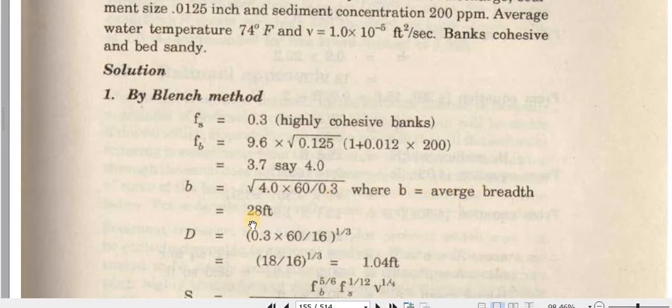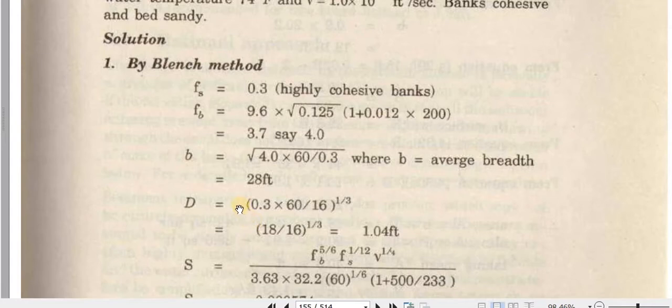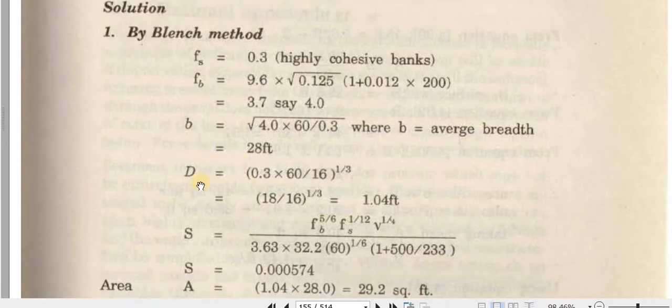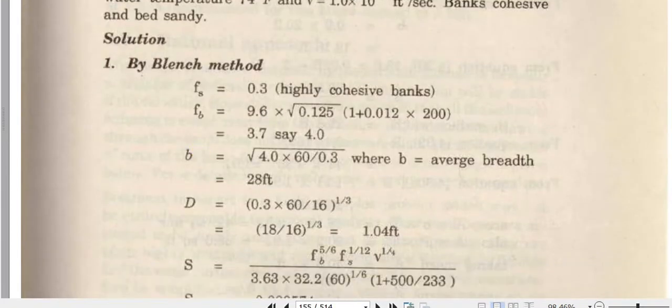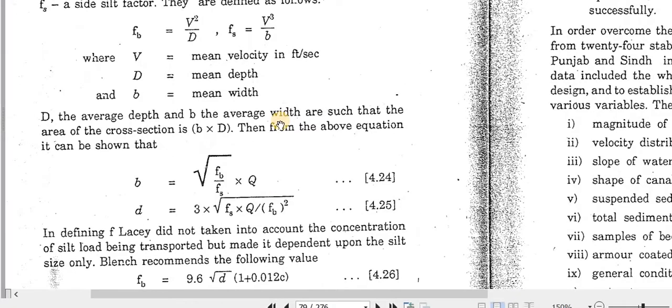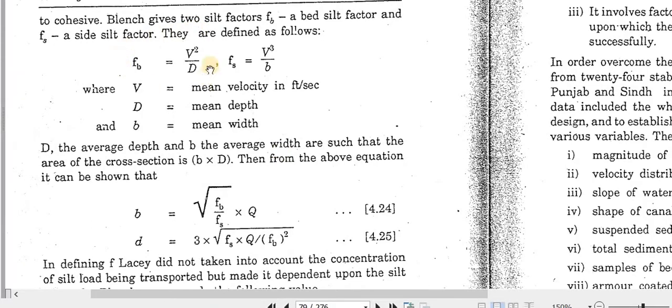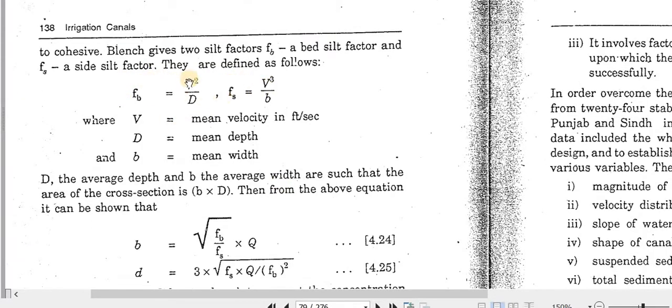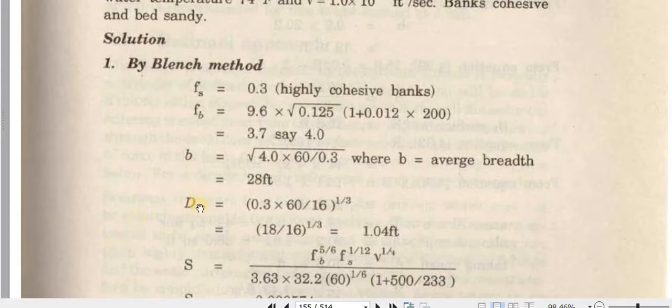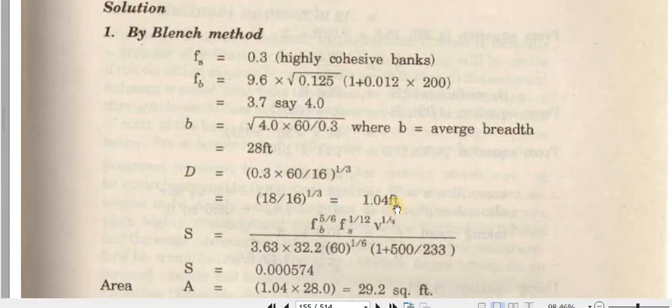It is equal to 28 feet, and then capital D will be calculated using this equation. These two equations will be used to calculate capital D. So D will be equal to 1.04 feet and B is equal to 28 feet.